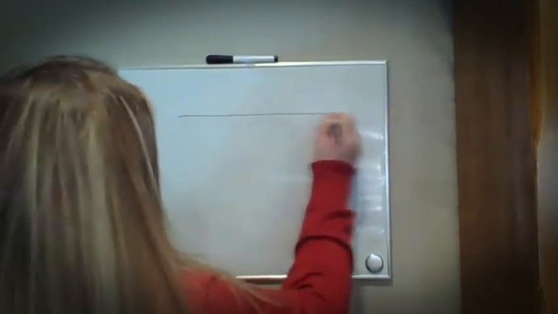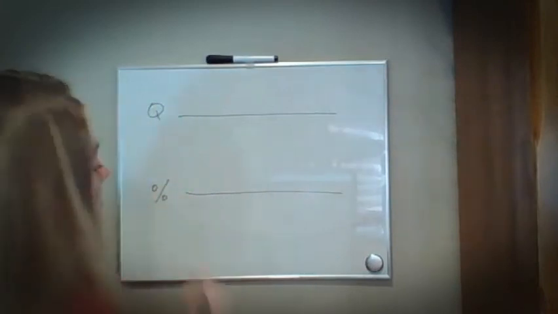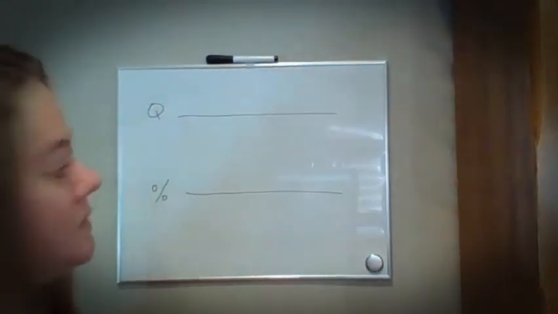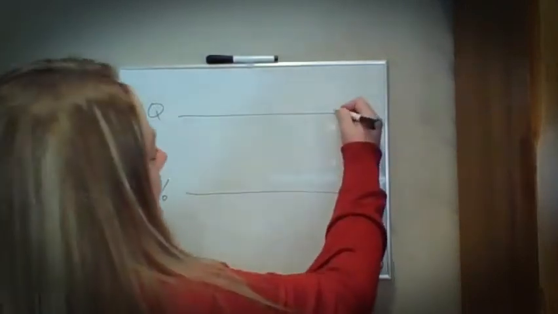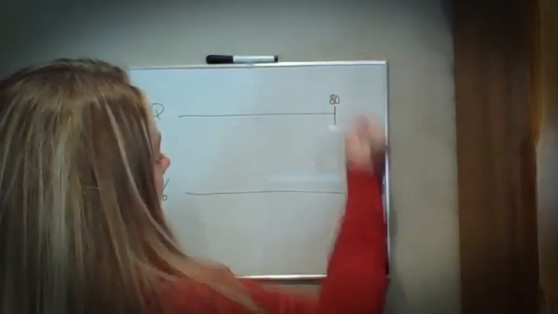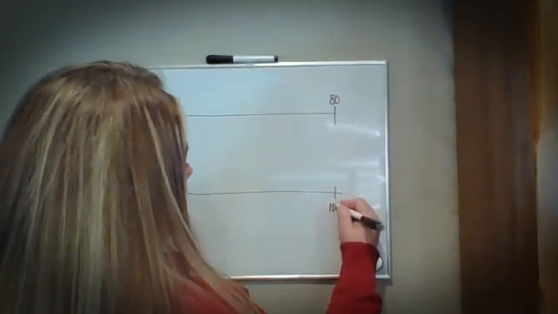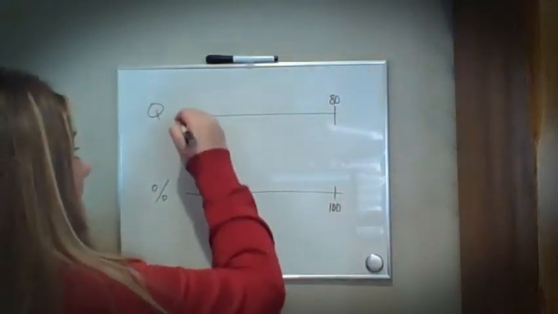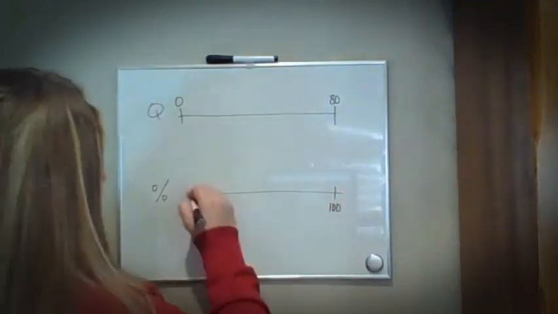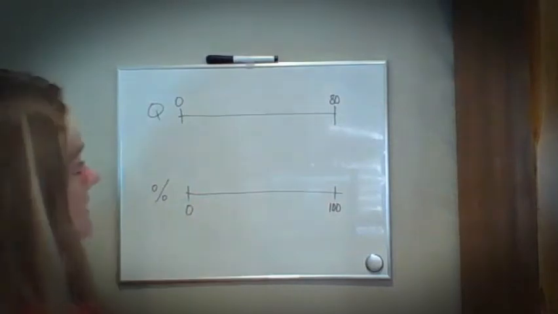So here's another double number line. 24 out of 80. So I'm going to have one number line that's going to be Q for quilts, and one number line that's going to be the percent symbol for percentages. So I know if she made 80 of them, that is 100%. And if she made 0 quilts, that's going to be 0%.